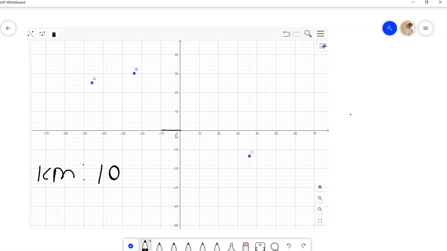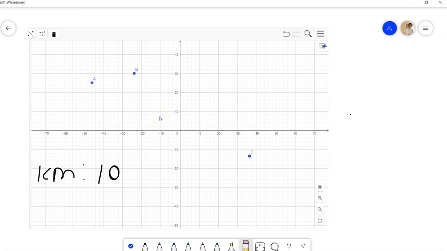Within each centimeter square, you have in each row 5 smaller squares. So here you have it, 1, 2, 3, 4, and the last one 5. So within each centimeter you have 5 smaller squares.